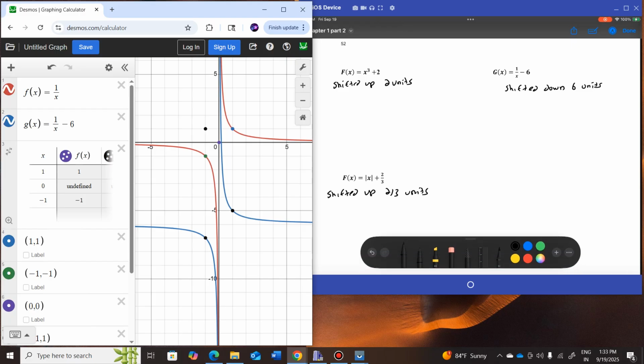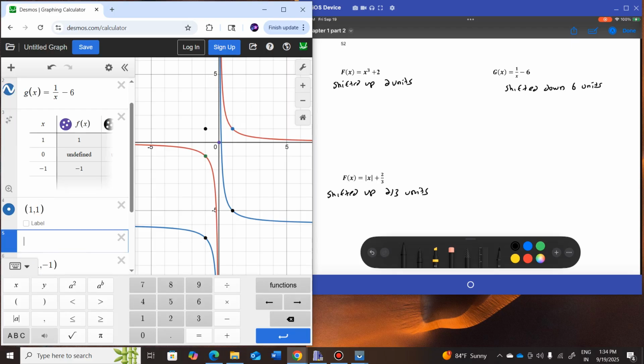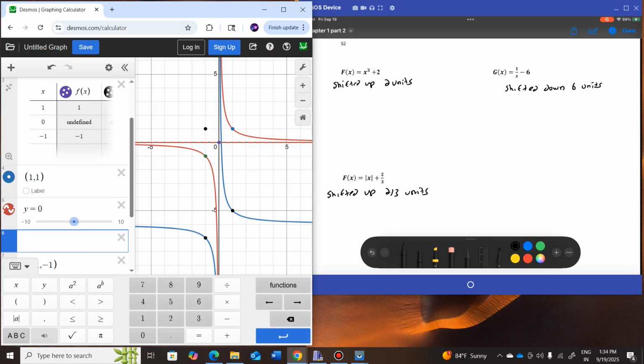So if we were to graph those two, put them down here. So y equals 0. I'll make it an asymptote. And y equals -6.